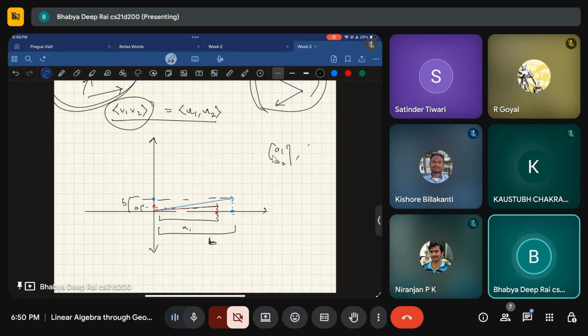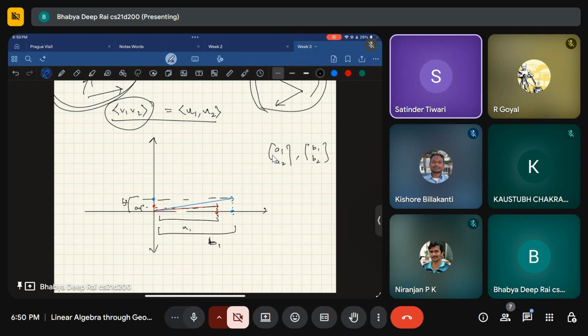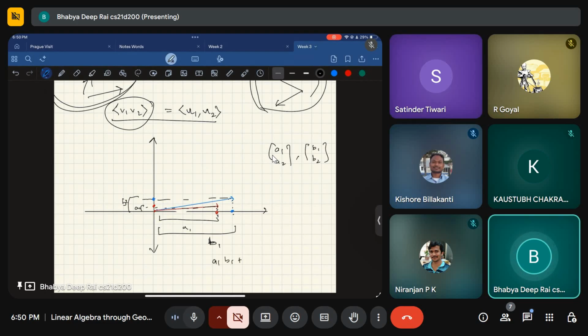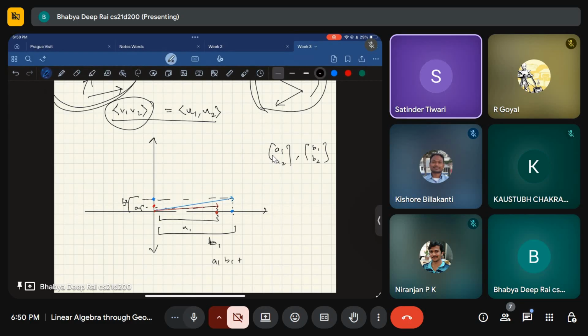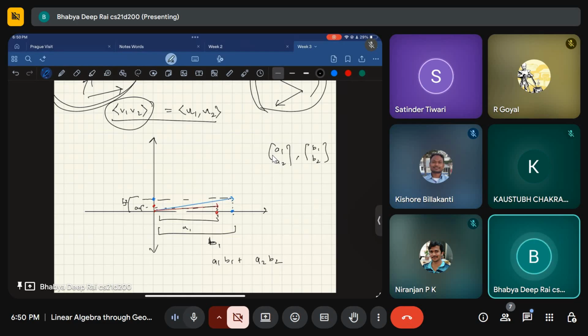Since this is large, it sort of represents that on the x-axis they are very close to each other. The difference is actually very little, whereas on the y-axis it's very, yeah.